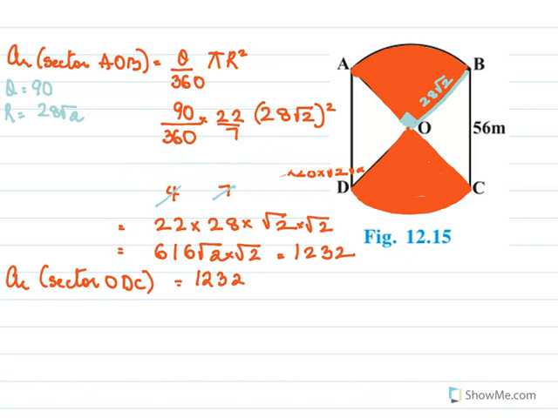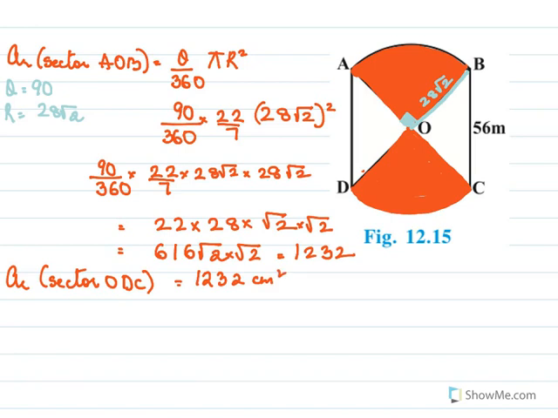Here's a mistake, I'll just do this again. So we have 90 over 360 into 22 by 7, 28 root 2 into 28 root 2, which gives 1232 centimeter square.